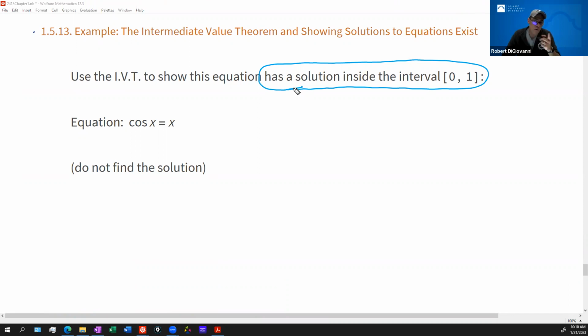I want us to show that there is a solution to that equation, and that solution is a number somewhere between 0 and 1. Prove it to me. Now, you have to be careful. I am not asking you to find the solution. I'm asking you to prove to me that there is a solution between 0 and 1.